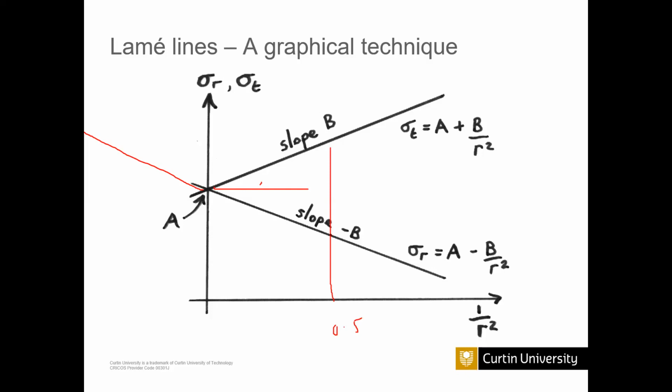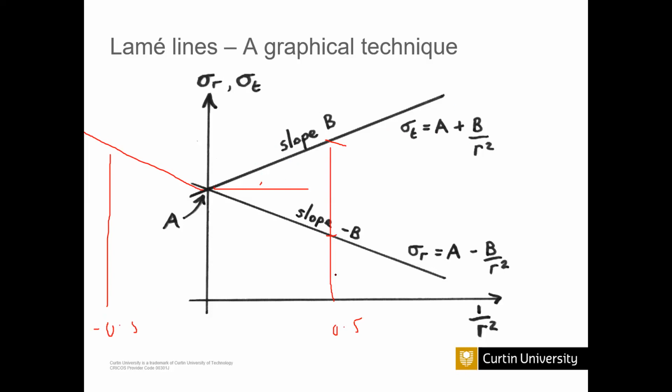Then you will get sigma r at that point and sigma t. Sometimes you don't want to plot this curve; you can extend this line and read the y coordinate for minus 0.5. It will give the sigma t. So you don't waste time plotting this curve.